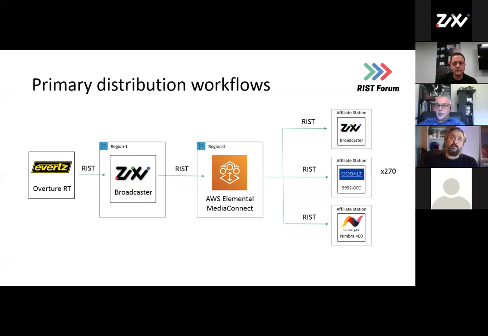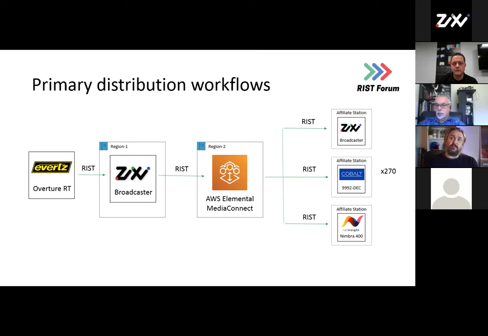So here we're showing some playout on-prem. We're using a broadcaster to get that into MediaConnect. MediaConnect is then, and this is heavily simplified obviously, pushing that content out to 270 different DMAs, all using terrestrial. So this is really talking about the key value here.